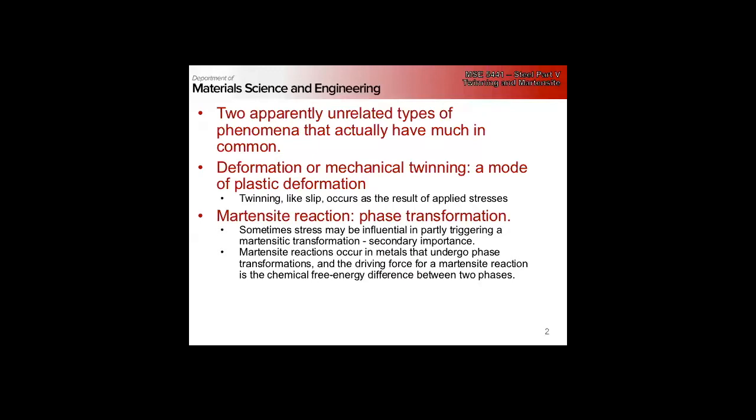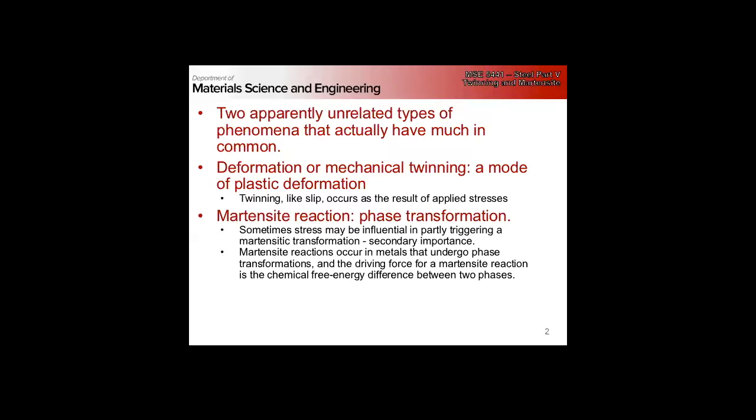But at first glance, it seems that martensite and twinning are actually fairly unrelated. One happens when you're deforming a crystal, as an alternative to slip and another way of accommodating plastic deformation. And the other happens when you rapidly cool steel, right?